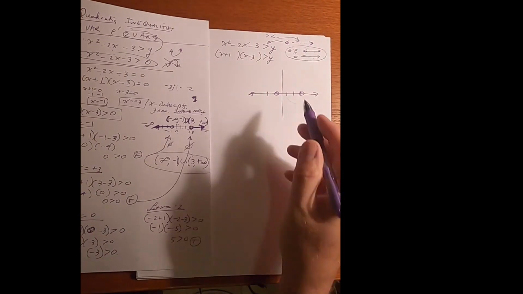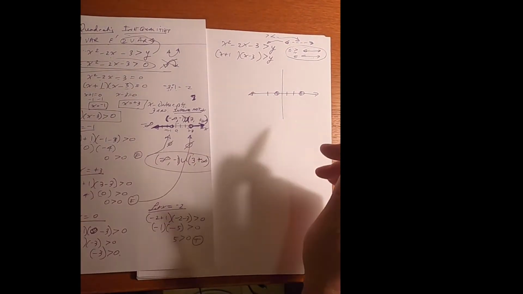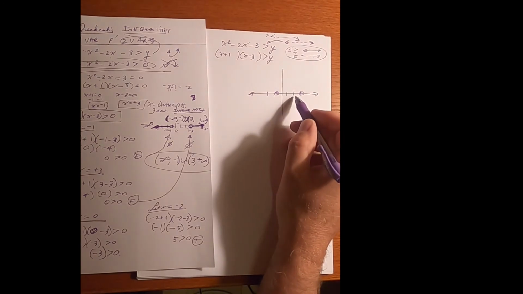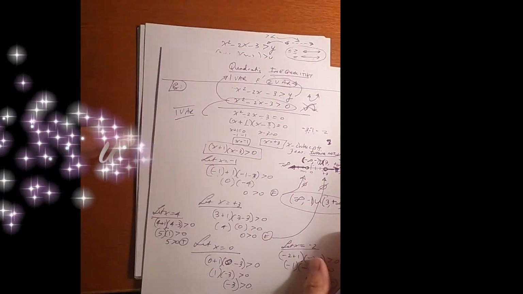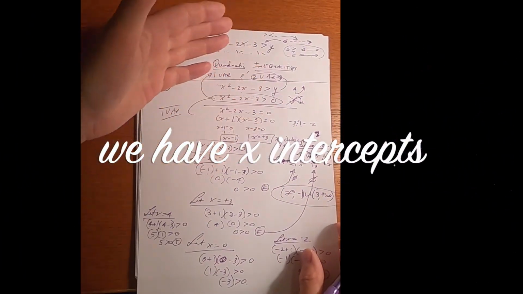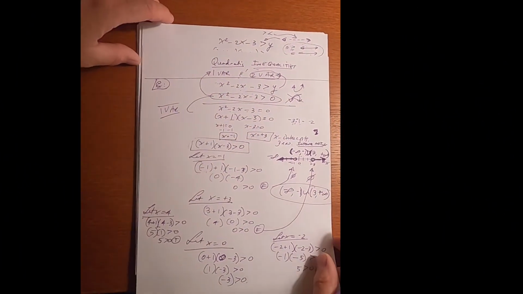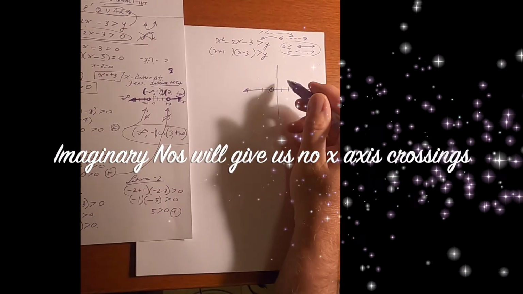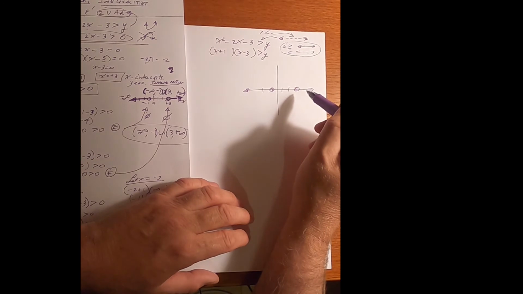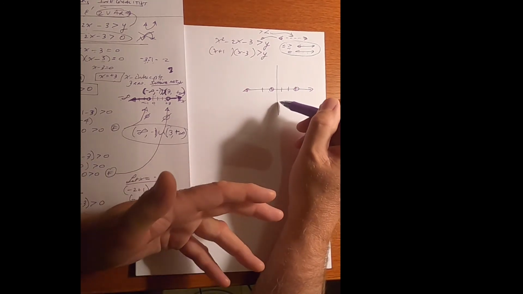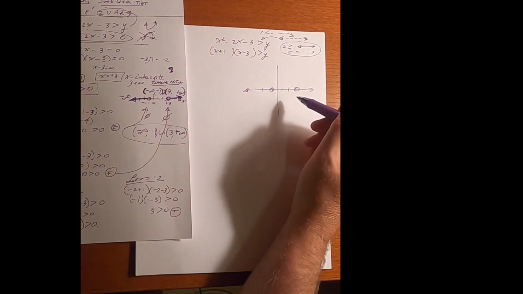It's going to go up, and we have the x-intercepts, so that's actually telling us that the graph is going to cross over. So we didn't get imaginary numbers here where then we get no graph crossing. Okay, so now we're going to find out whereabouts this graph will cross other areas here.